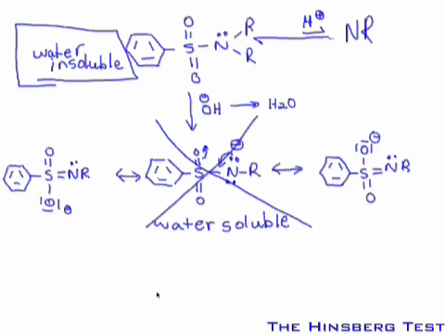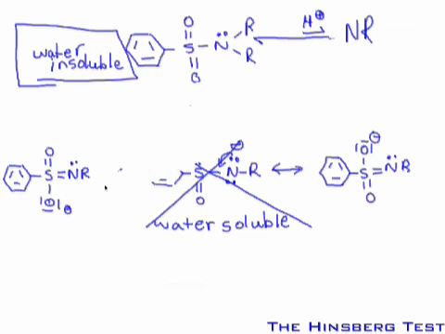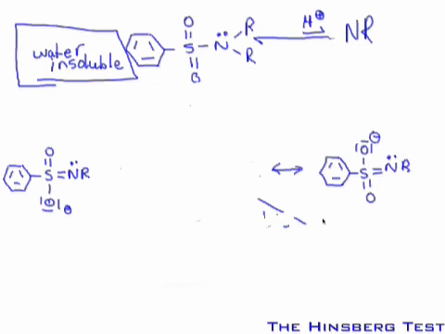Okay. Well, what's the difference when, instead of primary or secondary amines producing benzene sulfonamides, we have this cationic molecule that's not quite a benzene sulfonamide? That is the tertiary amine.